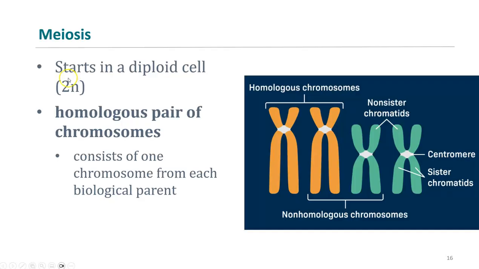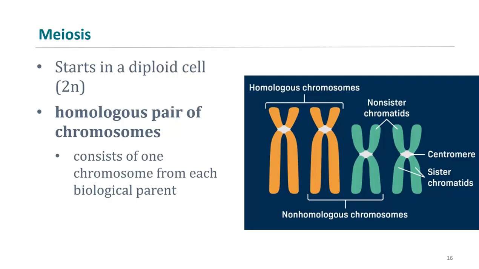So as we said, meiosis starts out in a diploid cell. We're using the symbol 2N. We refer to these sets of chromosomes as being homologous pairs. When we looked at the chromosome, we said we've got one that was inherited from the mother and one from the father.